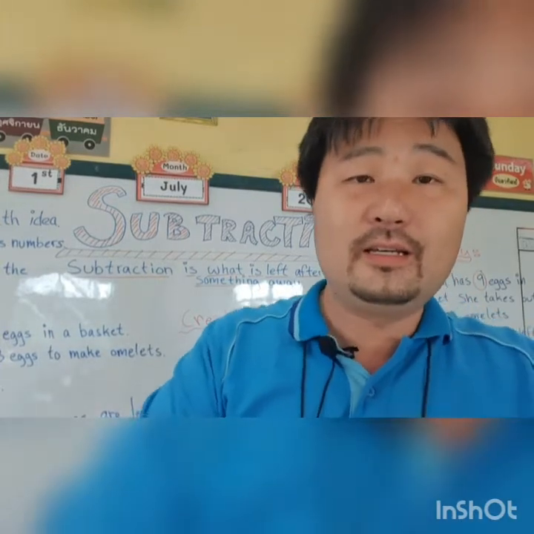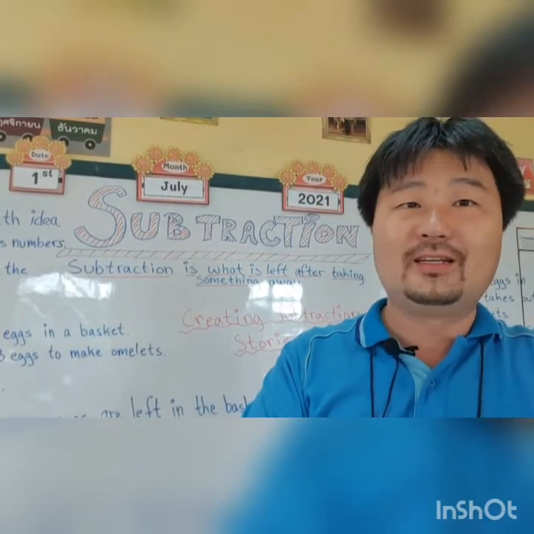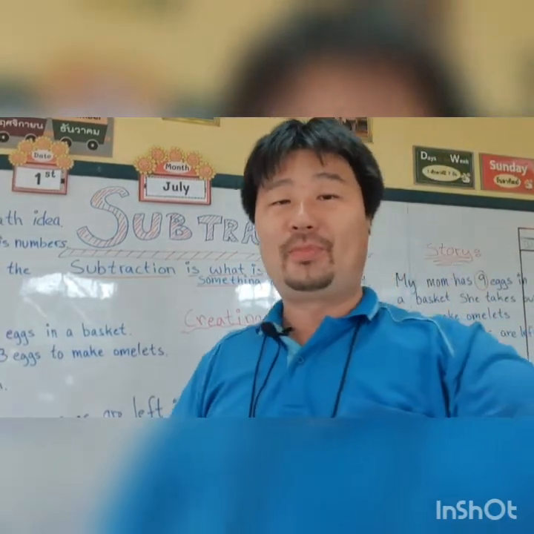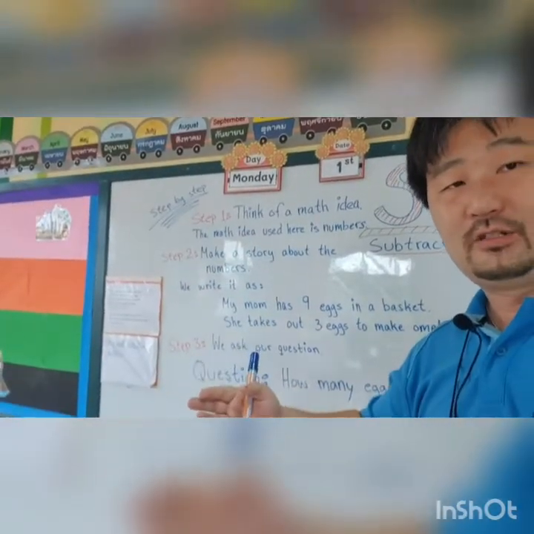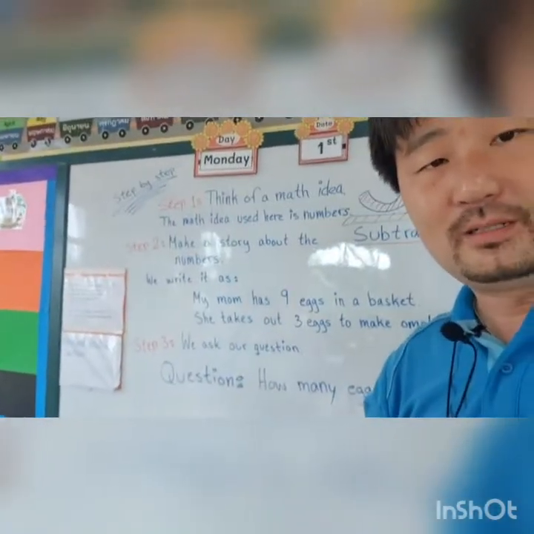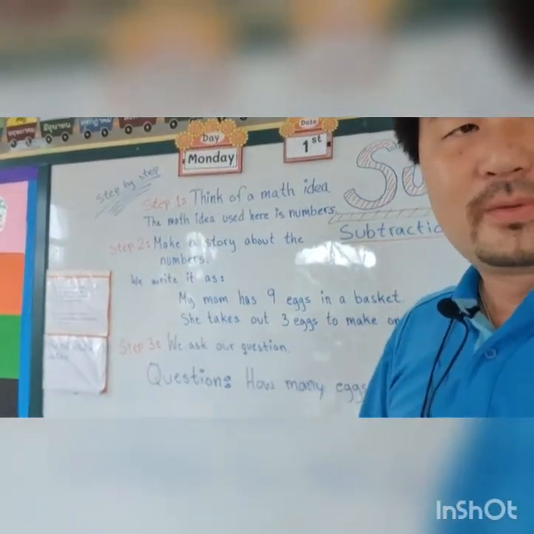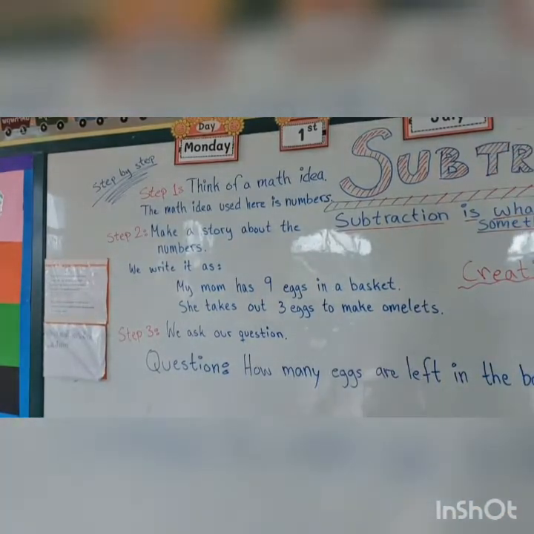So look at the board. You can also open the book to page 87. I will show you the same example as the book has. So if you look to my right here, I don't know how well you can see it, but I think you can see it. So there are steps to create a story, and in this case a subtraction story.